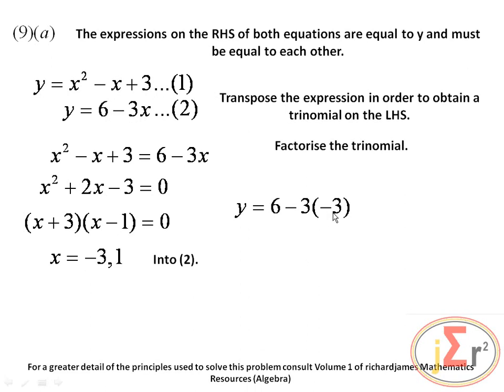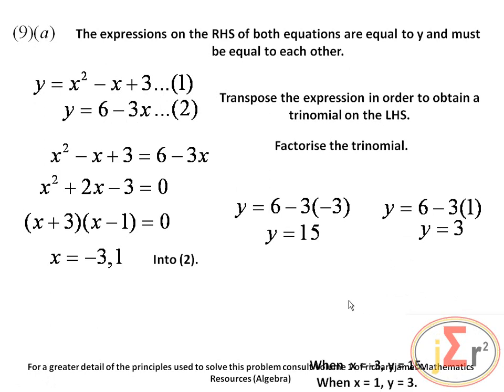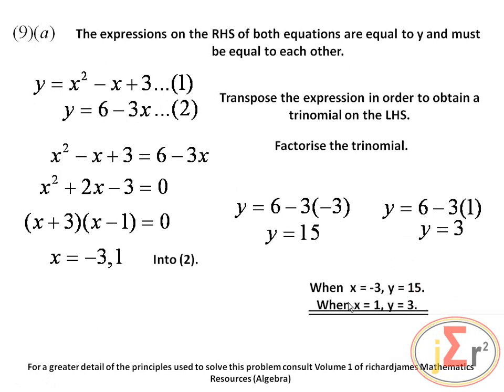Negative 3 times negative 3 here is a positive 9. 6 plus 9 is equal to 15. Then we have 6 minus 3 times 1. So y is equal to 6 minus 3 times 1. Y is equal to 3. When x is equal to negative 3, y is equal to 15. When x is equal to 1, y is equal to 3.